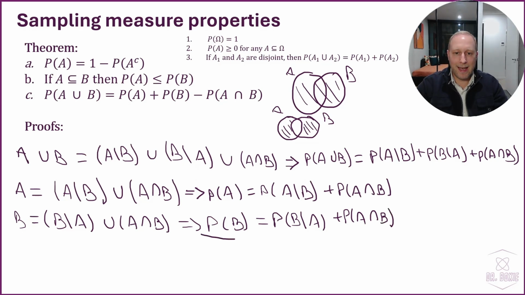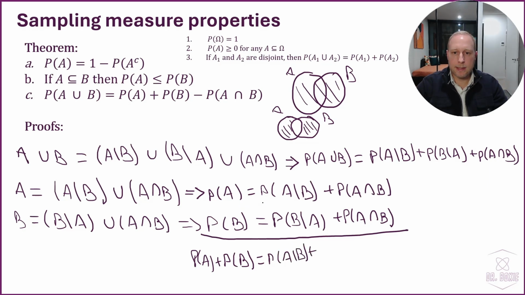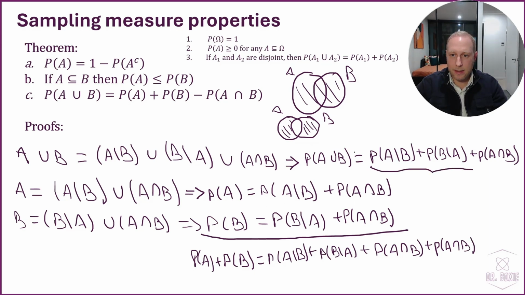And now we can add these together. On the left hand side, P of A and P of B, so I get P of A plus P of B. And on the right hand side, I get P of A minus B plus P of B minus A plus P of A and B plus, once again, P of A and B. Notice that on the right hand side, the first three terms are exactly the ones that we have here.